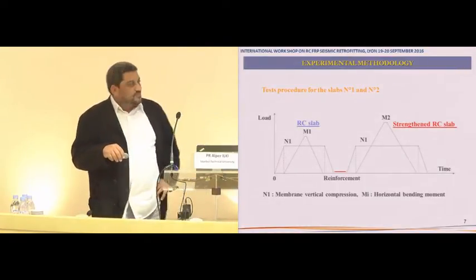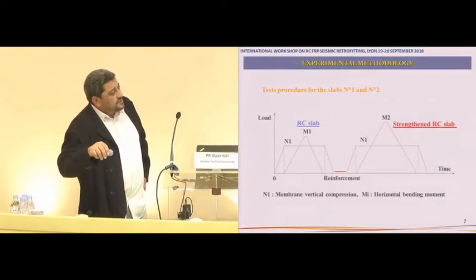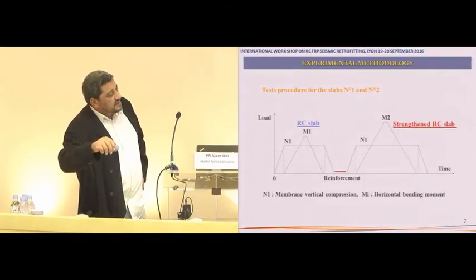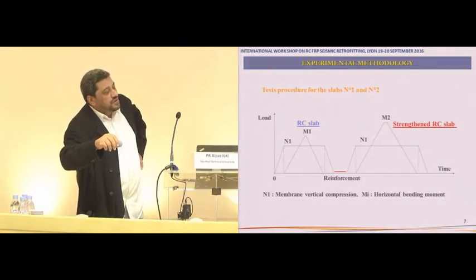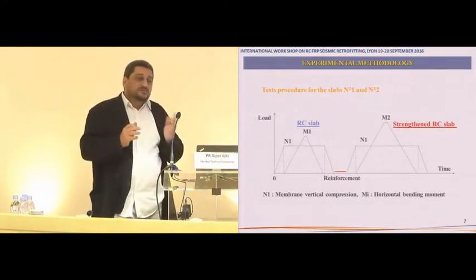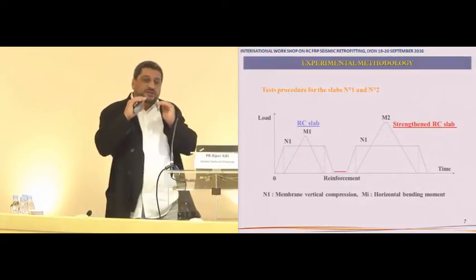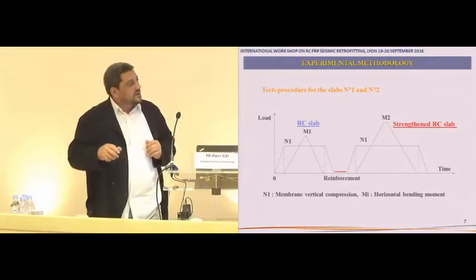The loading history. First, we apply a membrane loading, axial compression in the Y direction. We kept this compression constant. Then we applied bending moment until not really the failure, but approximately the failure.